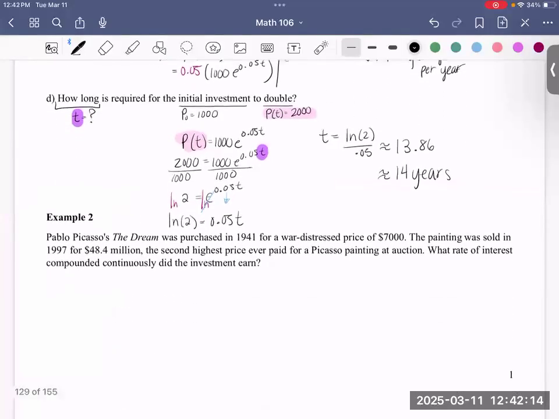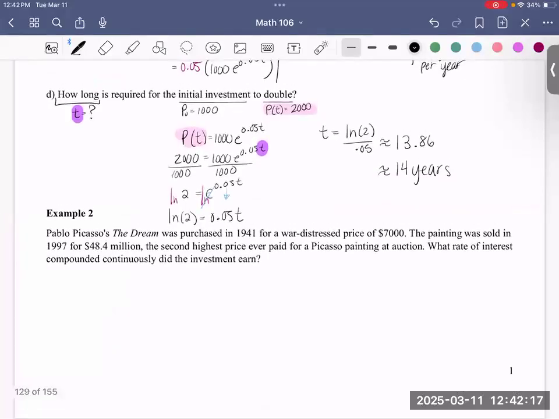Now let's have you guys try example 2, where it says Pablo Picasso's The Dream was purchased in 1941 for a war distress price of $7,000. The painting was sold in 1997 for $4.8 million, the second highest price ever paid for a Picasso painting at auction. What rate of interest compounded continuously did the investment earn?